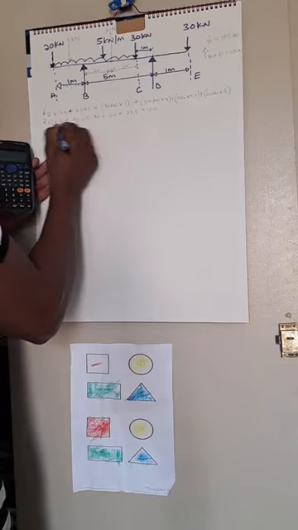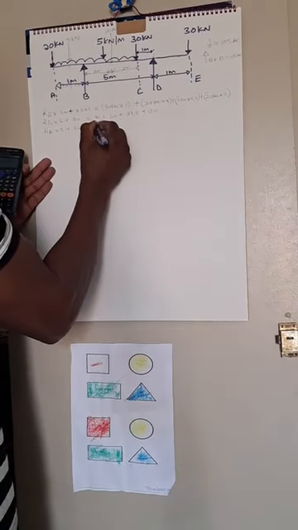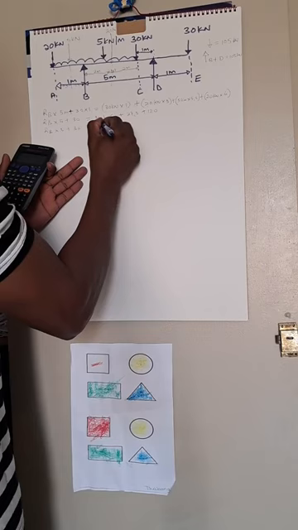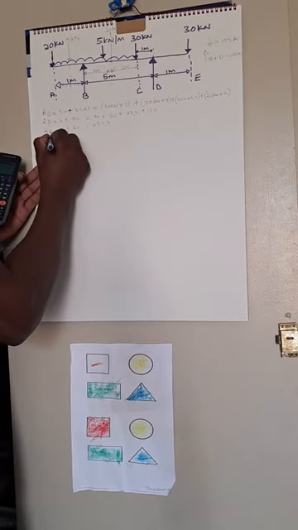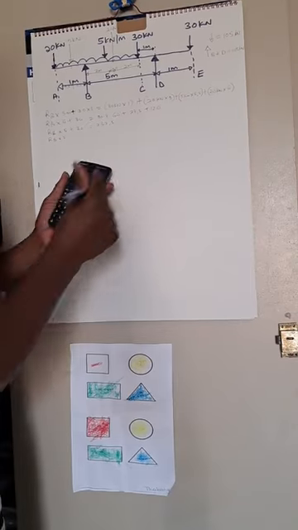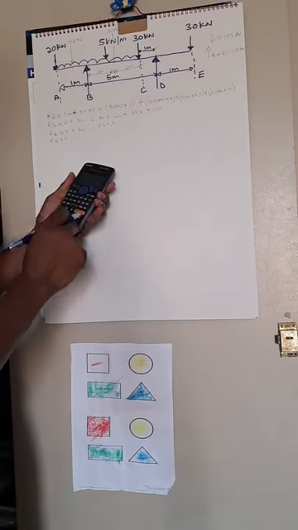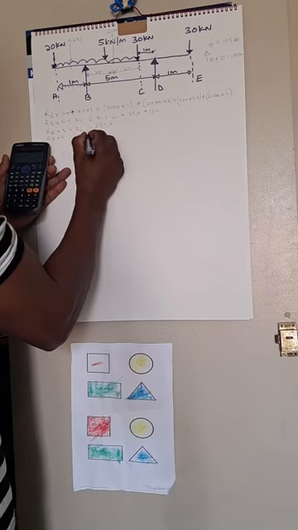I'm getting RB times 5 plus 30 equals 237.5. So RB times 5 equals... we take this one to this side, becomes minus 30. So we are getting 207.5.